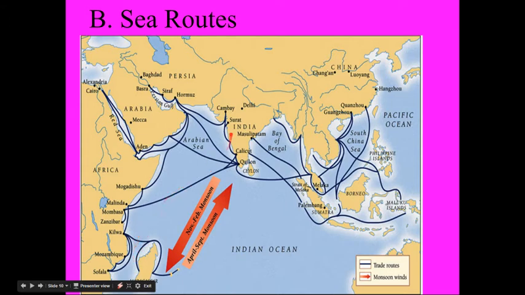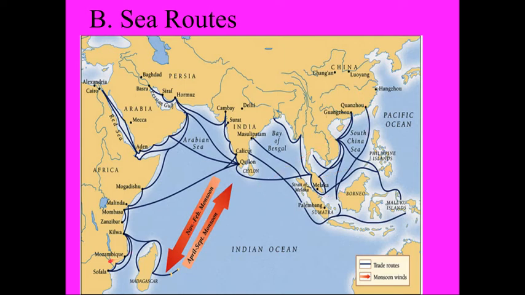And so we start seeing all these little cities start popping up, these coastal cities, these port cities, from East Africa over here, to North Africa, to Arabia in the Middle East, Persia in the Middle East, all over India, Southeast Asia, all the way to China.